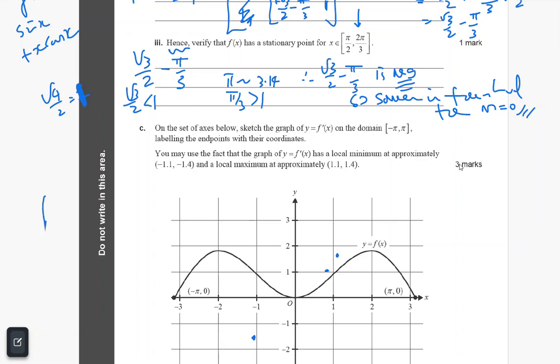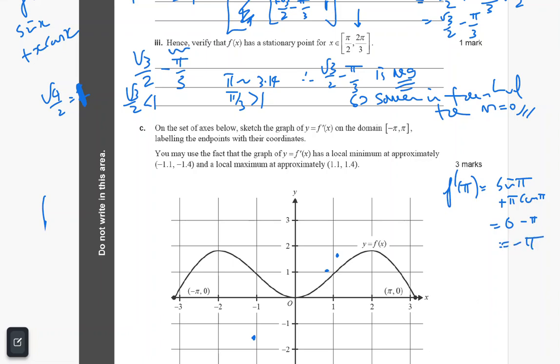So if I wanted to work out the derivative at pi, it's going to be sine of pi plus pi cos of pi, 0 minus pi. Cos of pi is going to be, well, negative 1. So that's minus pi.